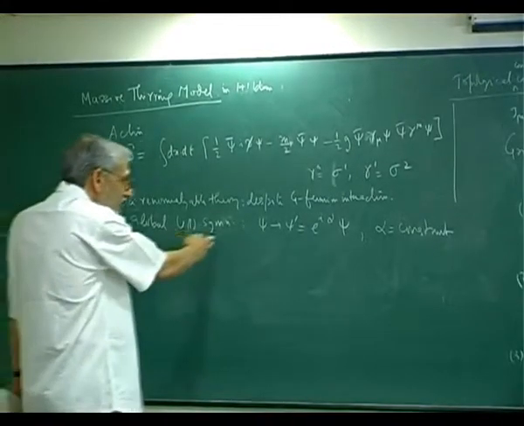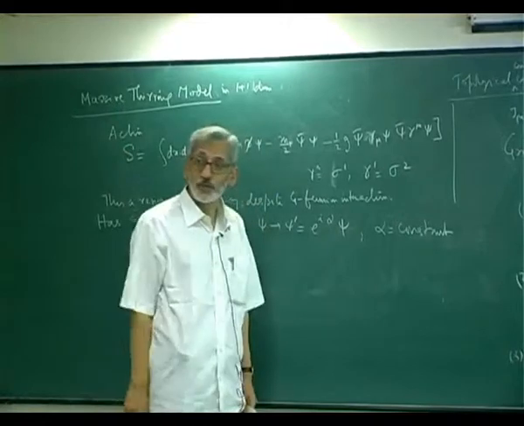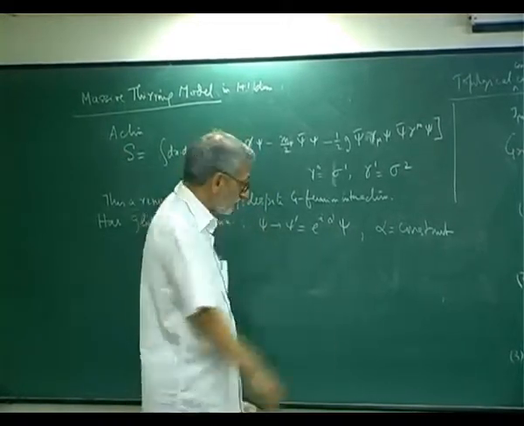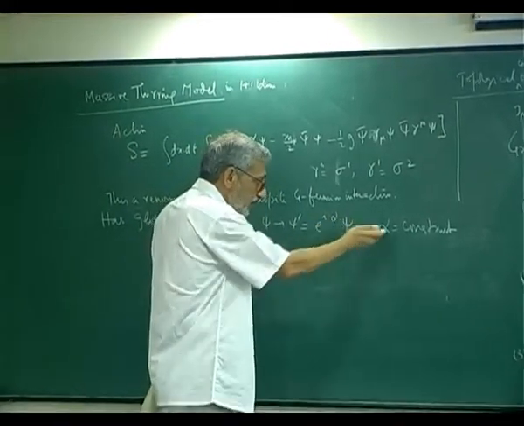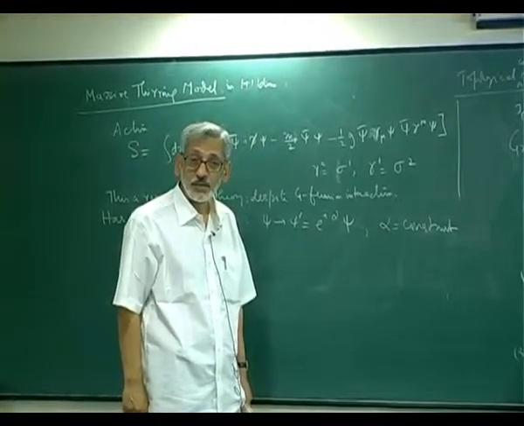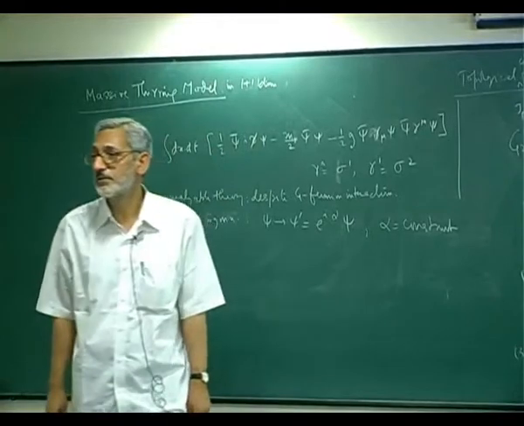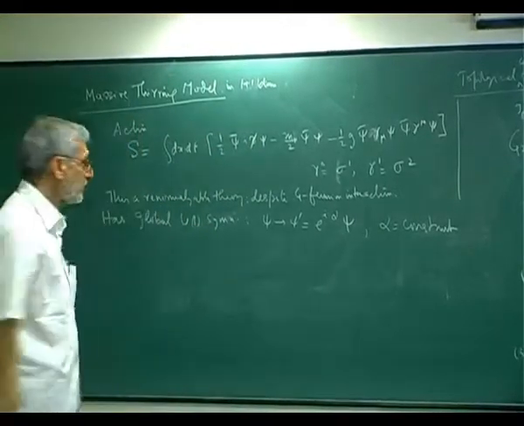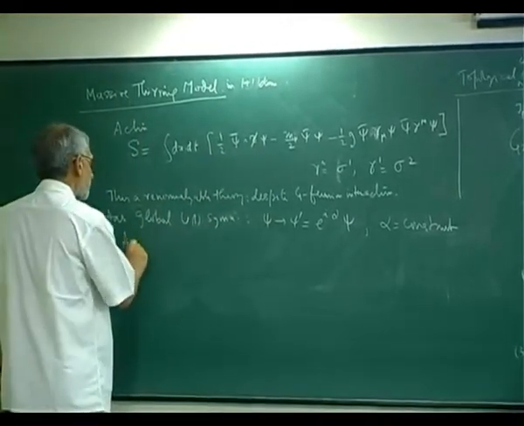And associated with this global symmetry, for continuous symmetry, because alpha can be any continuous parameter, there is a corresponding Noether current. So associated Noether current.